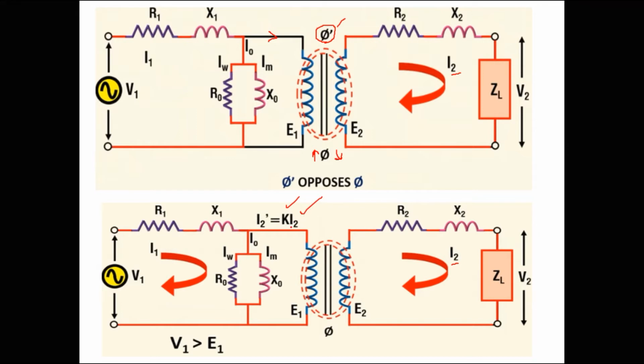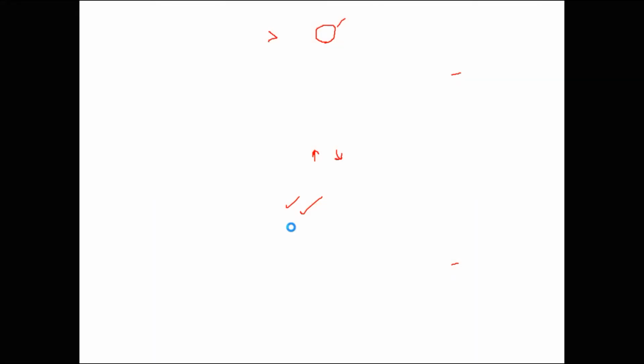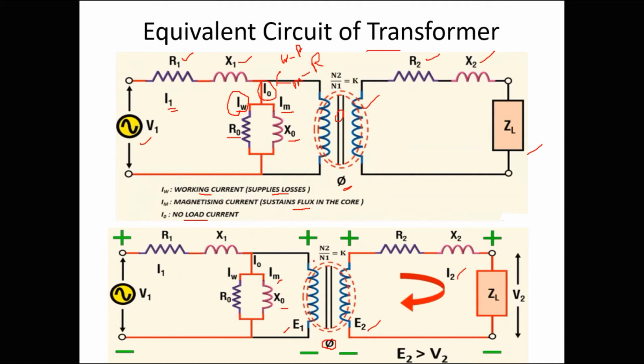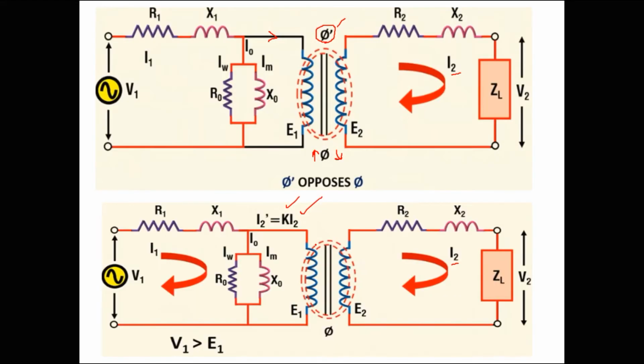K is nothing but the turns ratio of a transformer, that is N2 by N1. Here we are going to have some changes in the turns ratio for the induction motor. Now we'll discuss that later. So this is the operation of the equivalent circuit in the transformer.